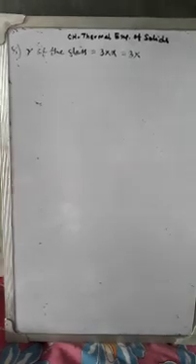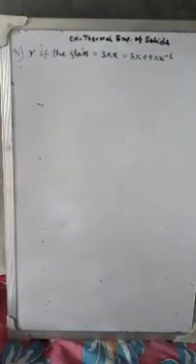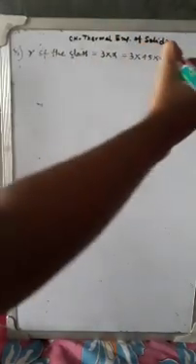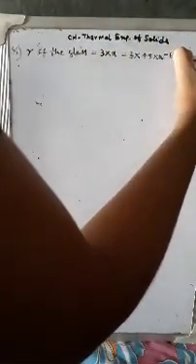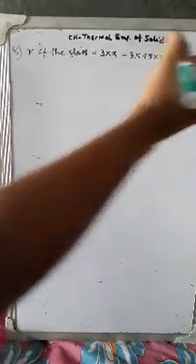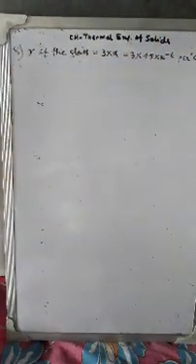So I can write it as 3 into 4.5 into 10 to the power minus 6 per degree C. Clear?